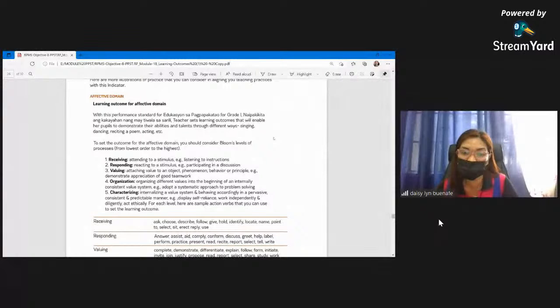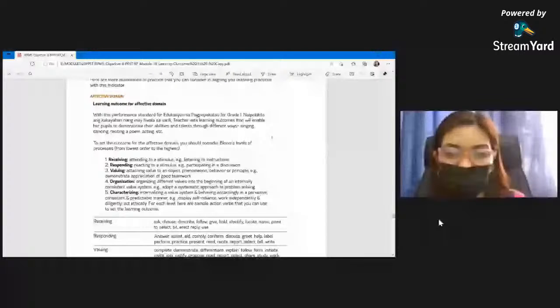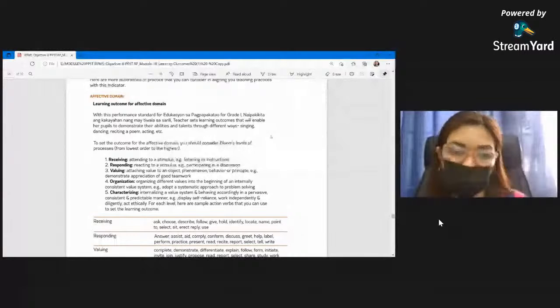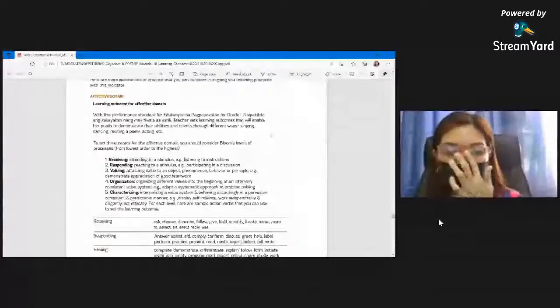Then valuing, attaching value to an object, phenomenon, behavior, demonstrate appreciation. So, i-include nato ni siya, i-remind nato always ang mga learners ka ng good teamwork. Then organization, organizing different values into the beginning of an internally consistent value system.